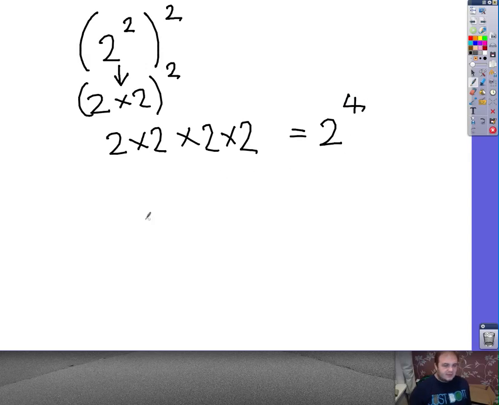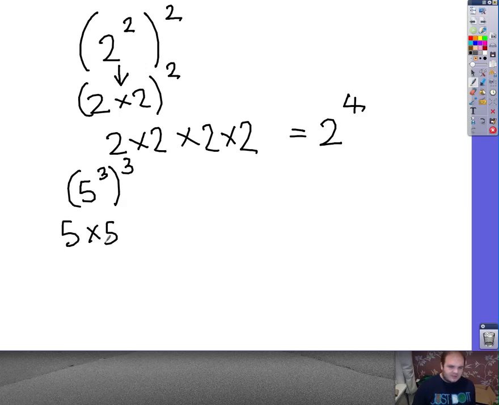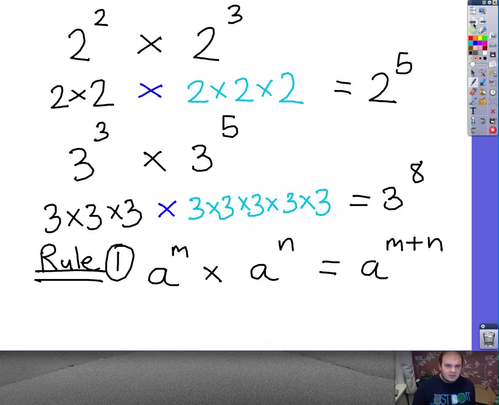Okay, we may have spotted already what's going on here. I'll do another example. 5, we'll say cubed, and we're going to cube that. So let's see what happened. Well, 5 cubed means 5 times 5 times 5. Get my brackets round again. Cubed, well, we've already seen, when something's cubed, it's just times by itself 3 times.